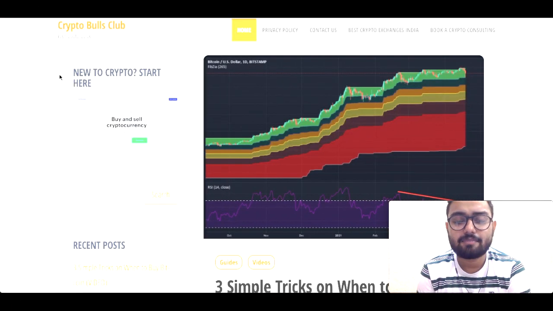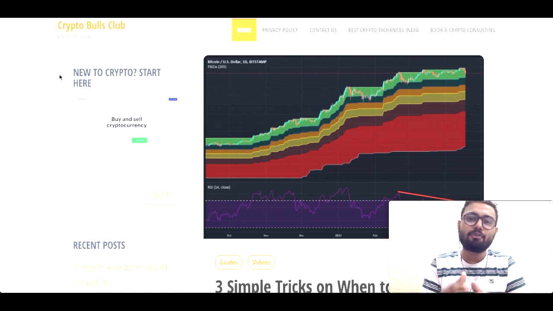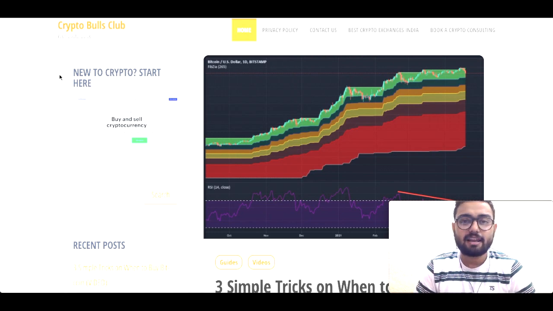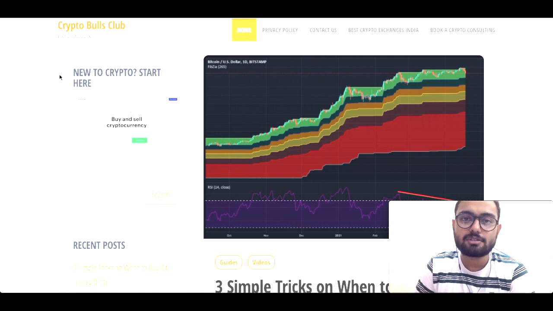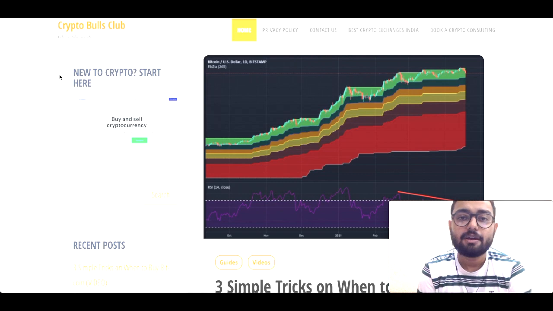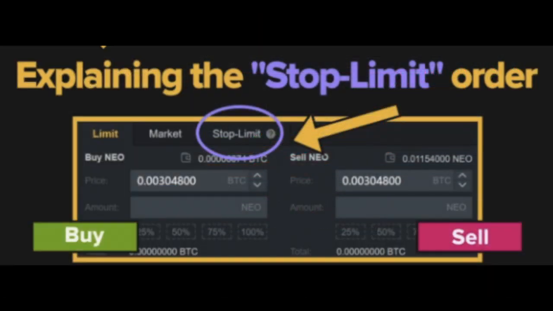The next mistake that we tend to make is very common across investors in cryptocurrency, and it is more of a technical mistake rather than a fundamental mistake. That mistake is not putting stop losses on your trades. So if you're opening a trade, make sure you put a stop loss, because we never know in cryptocurrencies, right?